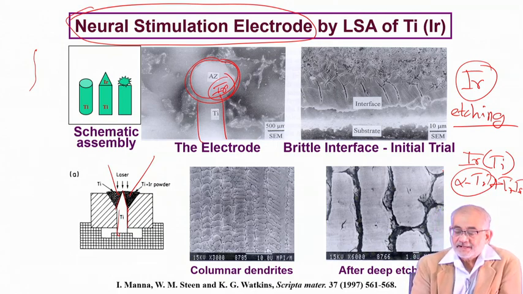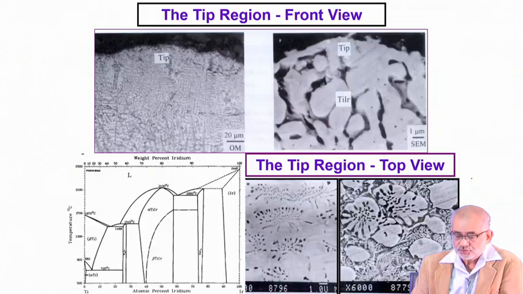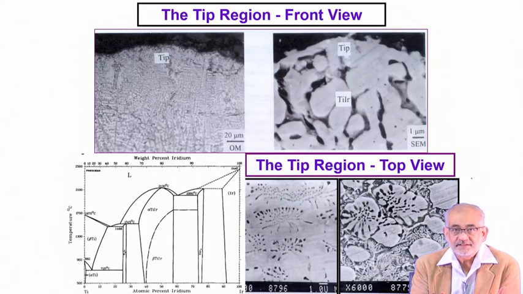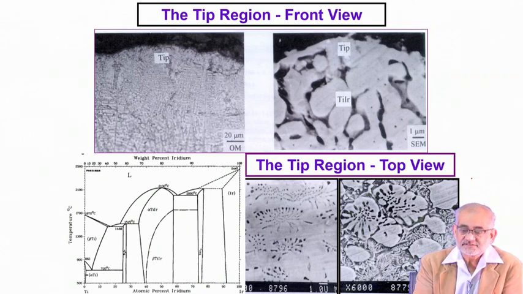So the whole exercise was to create a two-phase aggregate with certain distribution and certain volume fraction of titanium rich phase, so that we can allow electrochemical etching and expose much larger surface area.